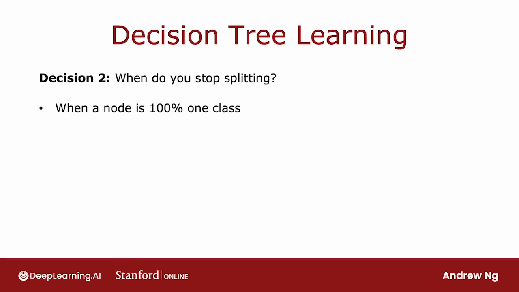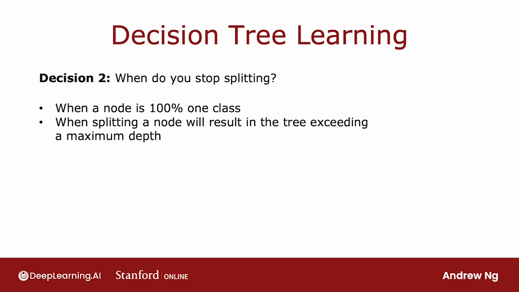Because at that point, it seems natural to build a leaf node that just makes a classification prediction. Alternatively, you might also decide to stop splitting when splitting a node further will result in the tree exceeding a maximum depth, where the maximum depth that you allow the tree to grow to is a parameter that you could decide.